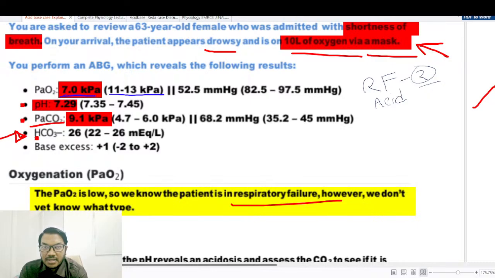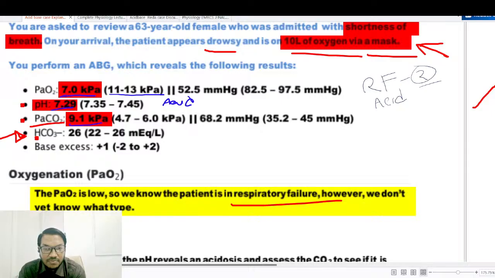And pH is 7.2, so this is also low. So the patient is in acidosis. Now, this acidosis is coming from which system? Partial pressure of carbon dioxide is 9.1.